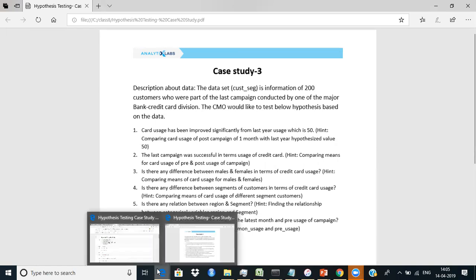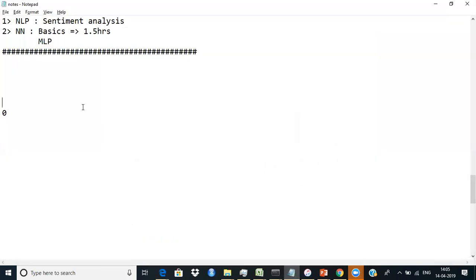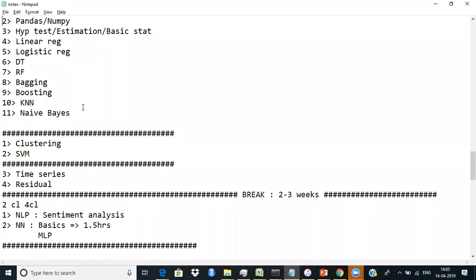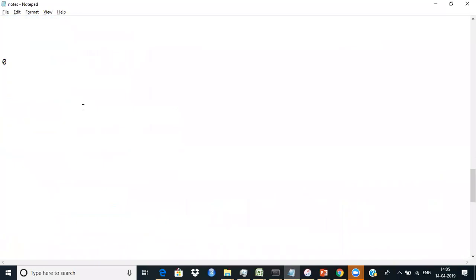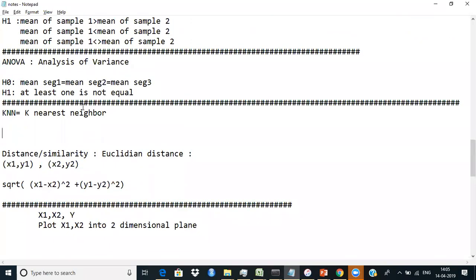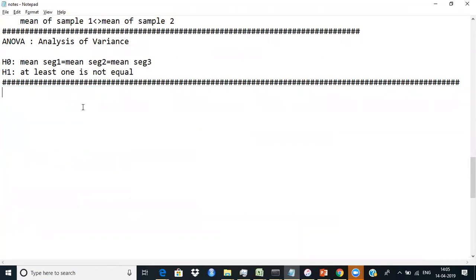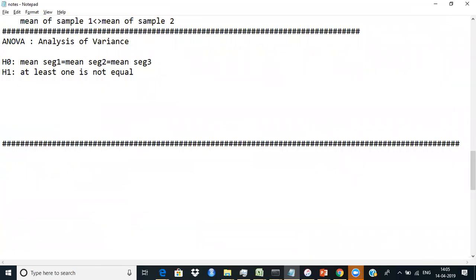Okay, I'll repeat ANOVA. ANOVA basically stands for analysis of variance.